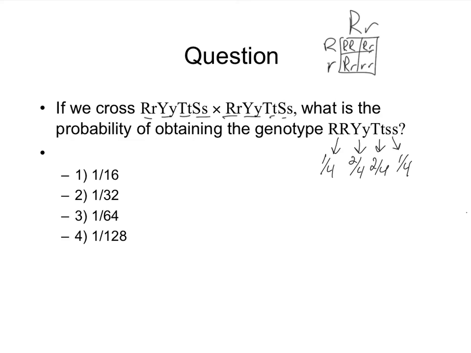So what are the chances of me getting big R, and big Y, little y, and big T, little t, and big S, big S? Well, I would multiply each of these together. So 1 times 2 times 2 times 1, that's 4. And 4 times 4 times 4 times 4 is 256.